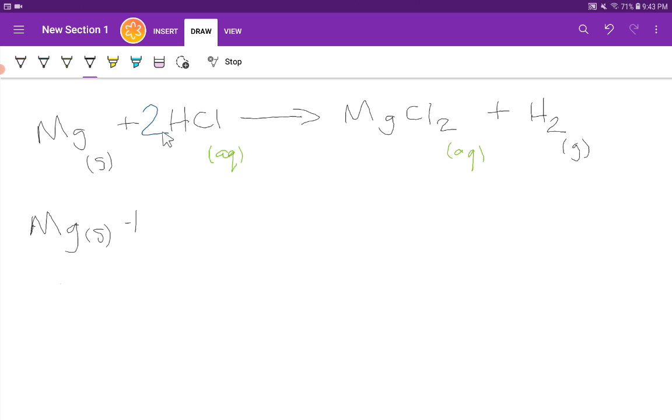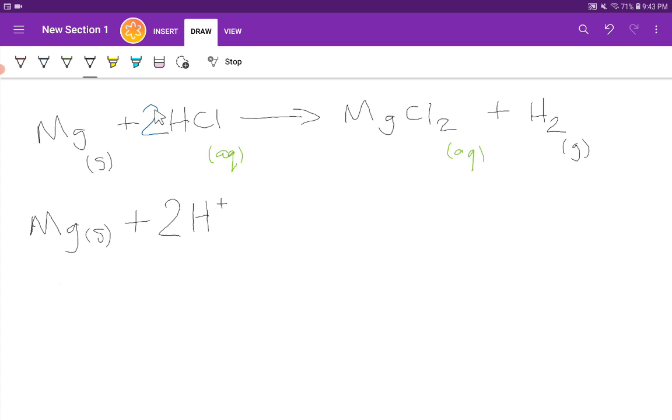Now our hydrochloric acid, or HCl, there is a 2 in front of the HCl, and that 2 is there to ensure that the equation is balanced. So what it means is that we have 2 H plus ions. We have to ensure we put back the 2.